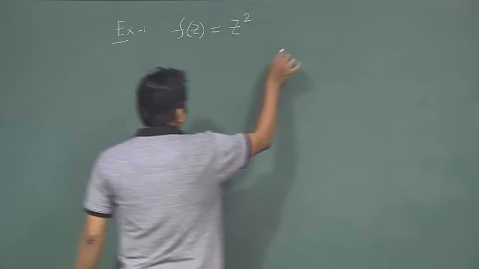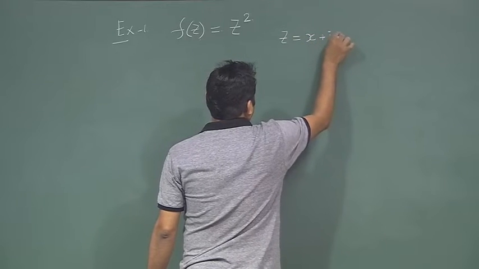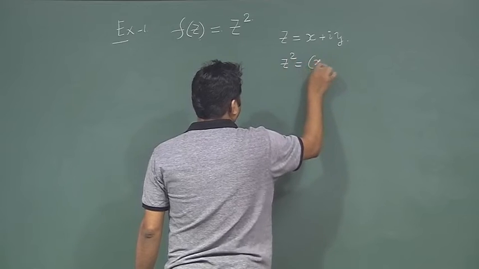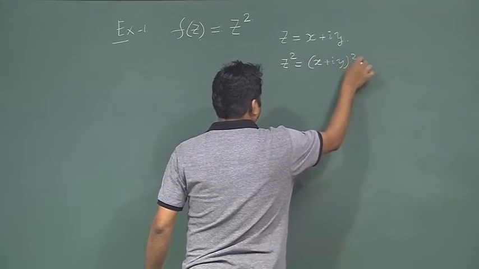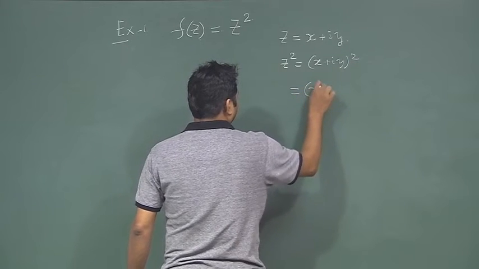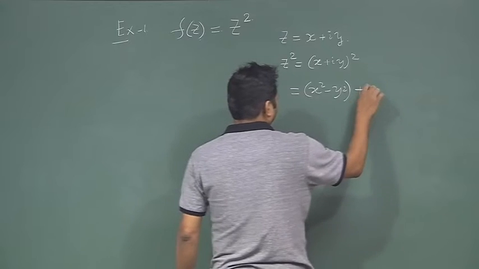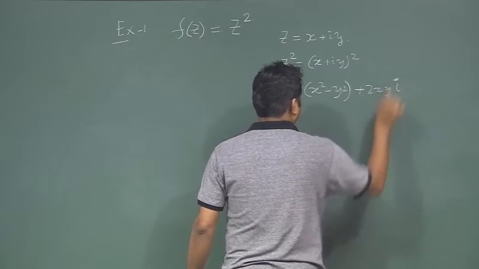So, z is equal to x plus iy, z square is x plus iy square, which is x square minus y square. The most simple example we have right now, plus 2xy multiplied by i.